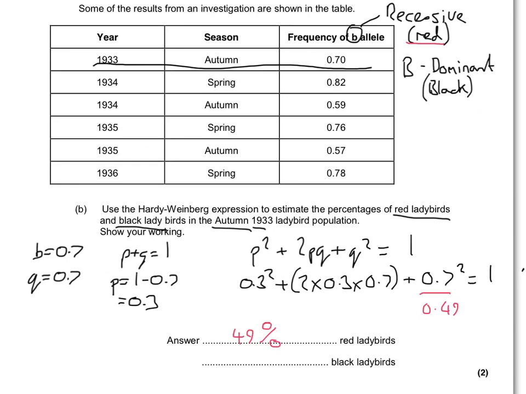Obviously, that must mean that black is going to be 51%, but we could work that out as well. 0.3 squared is going to be 0.09, and 2 times 0.3 times 0.7 is 0.42. Obviously we could add 0.09 to 0.42, that gives us our 0.51. Add that to 0.49, that gives us 1.